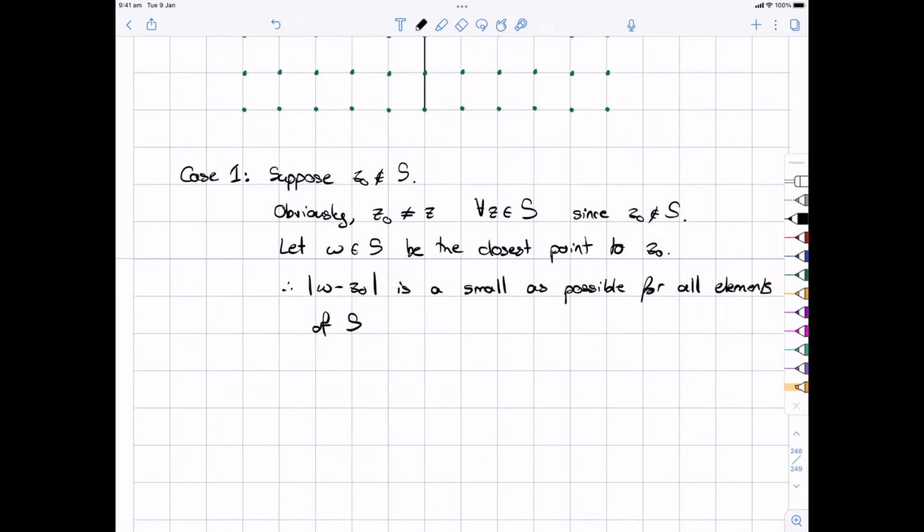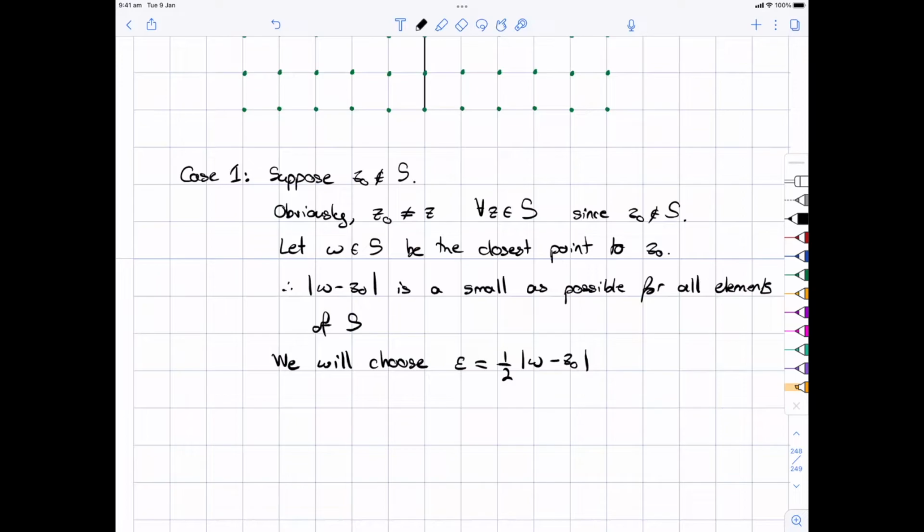We want to just halve the radius, or halve that length to give us a radius. So we will choose epsilon to be equal to 1/2 of this length here, W minus Z0. And by doing that, we're now ensuring that W won't be included in the circle.